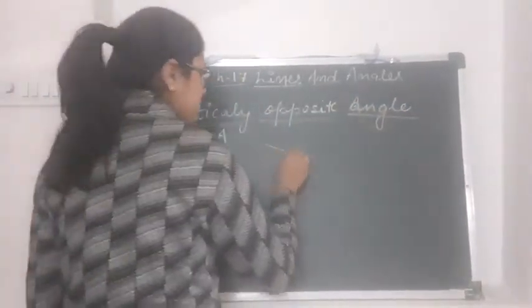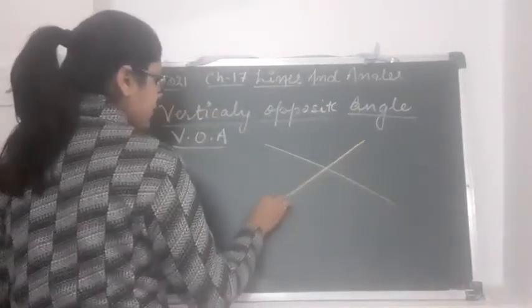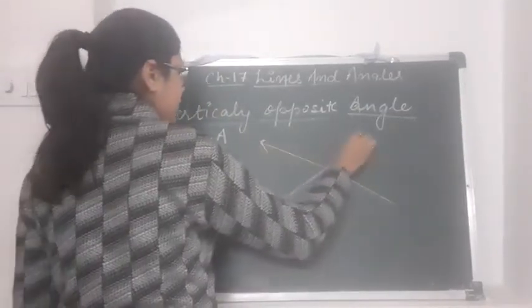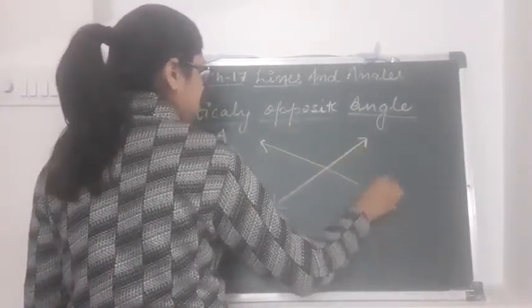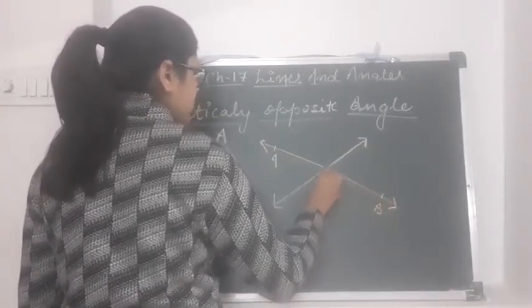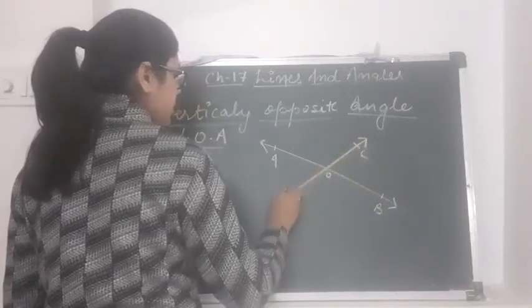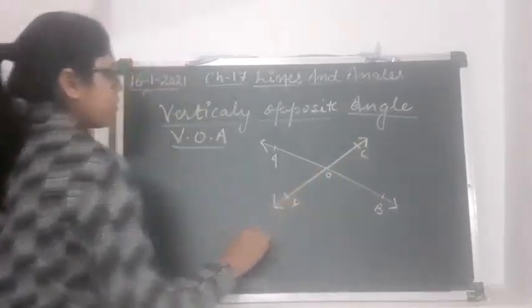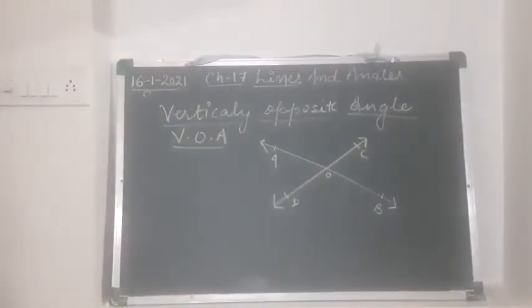Now, if two rays are there, it will be A, B, this is O, this is C, this is D. Okay, two rays are there.